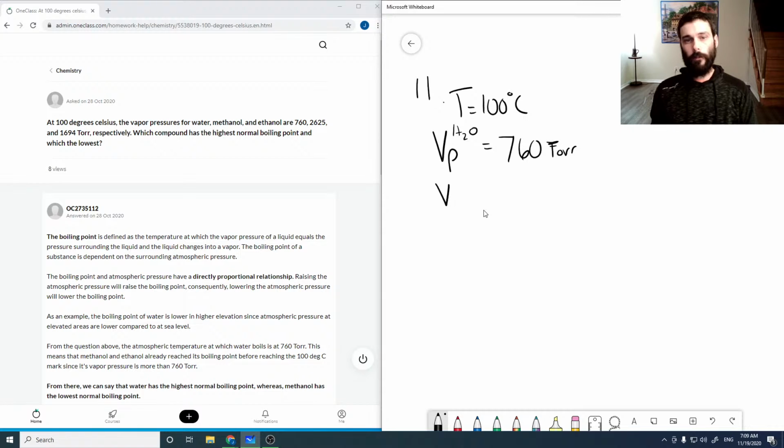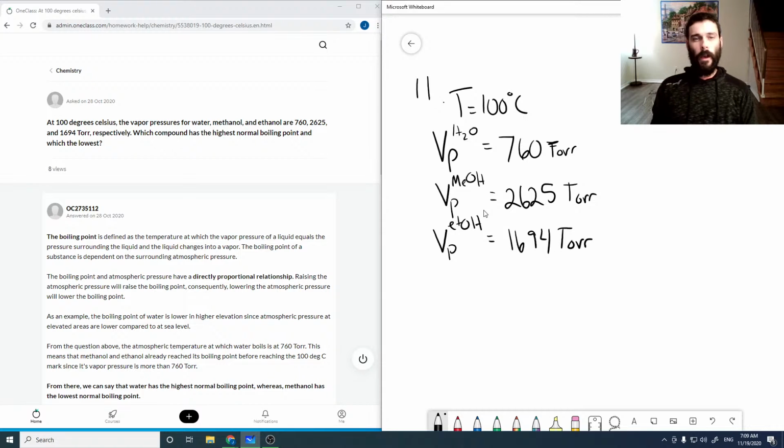The vapor pressure for methanol is 2625 torr, and the vapor pressure for ethanol is 1694 torr. Okay, and then which compound has the highest normal boiling point and which the lowest?